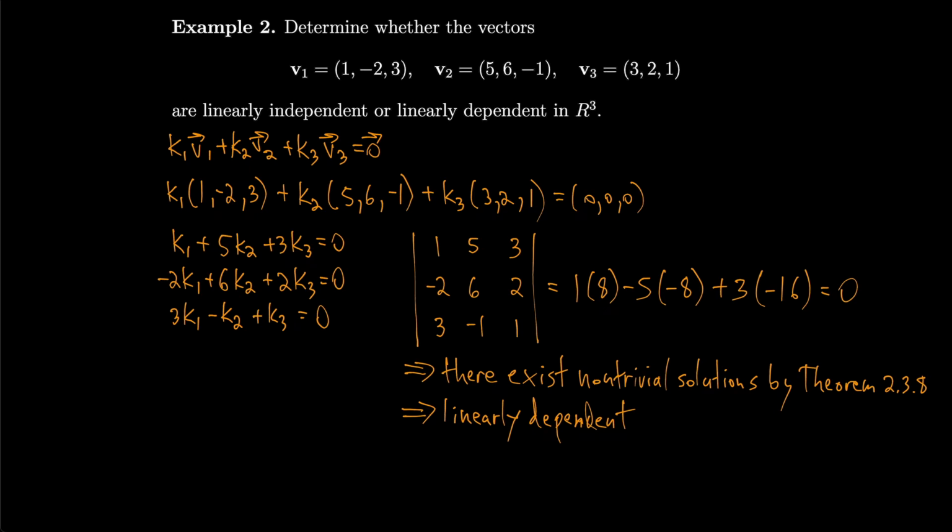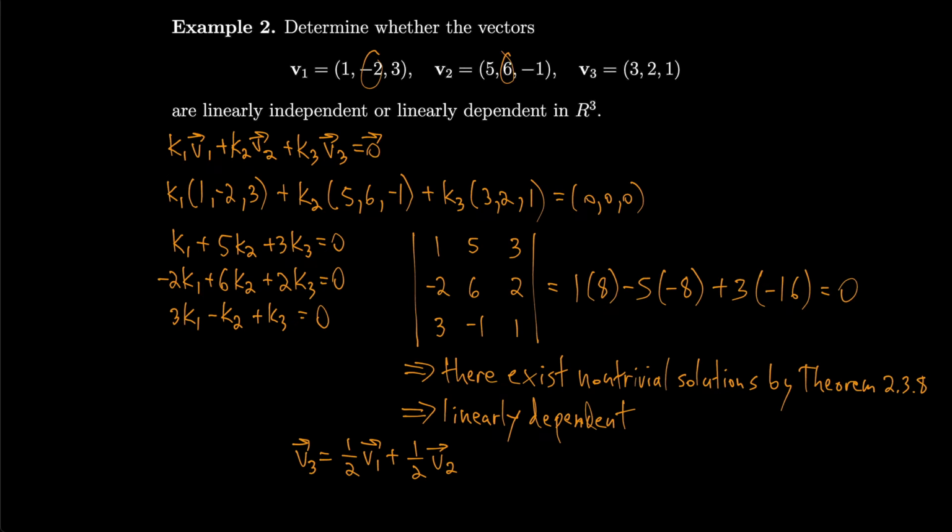For example, if I were to look at V3, that's 3, 2, 1. In this case, not always, but in this case, we could just see by looking at them that I could take half of V1 and add that to half of V2. And that would literally give it to me, right? Because 1 plus 5 is 6, half of that is 3.